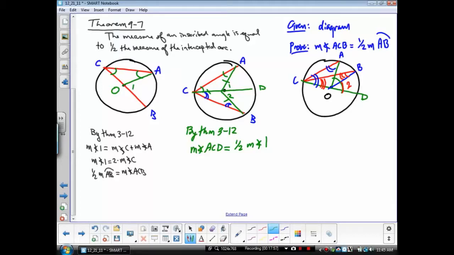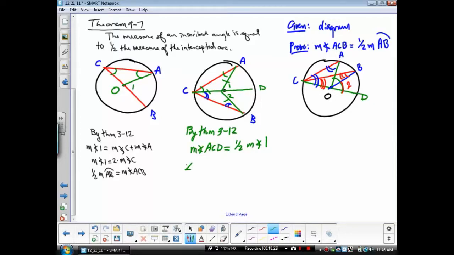Why is that? Because angle 1 is the exterior angle of that triangle, which means it's equal to the sum of these two interior angles, and they're equal, so each of them has to be half of angle 1. Okay. Now, same idea, angle 2 then, and angle BCD, right?